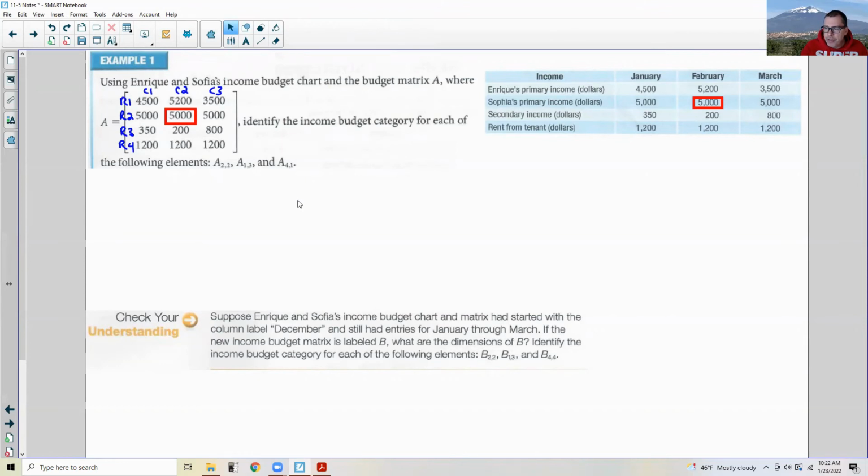The $5,000 there represents Sophia's February income. So I'll write that: A sub 2 comma 2 is $5,000, and it is Sophia's February income.